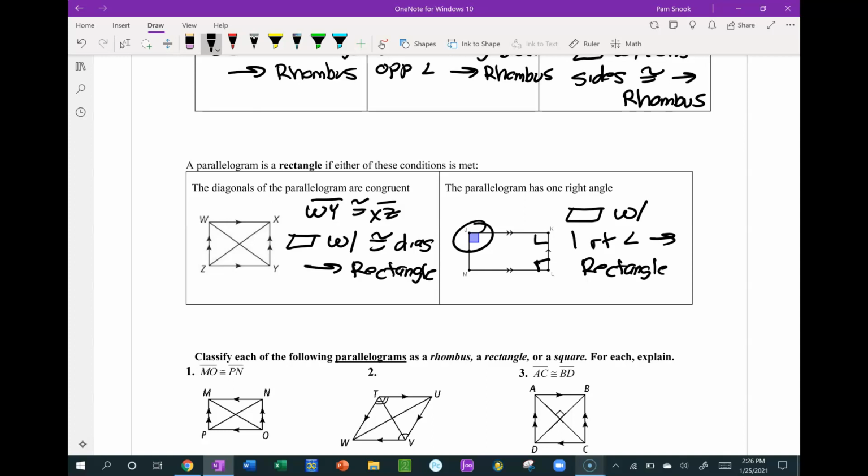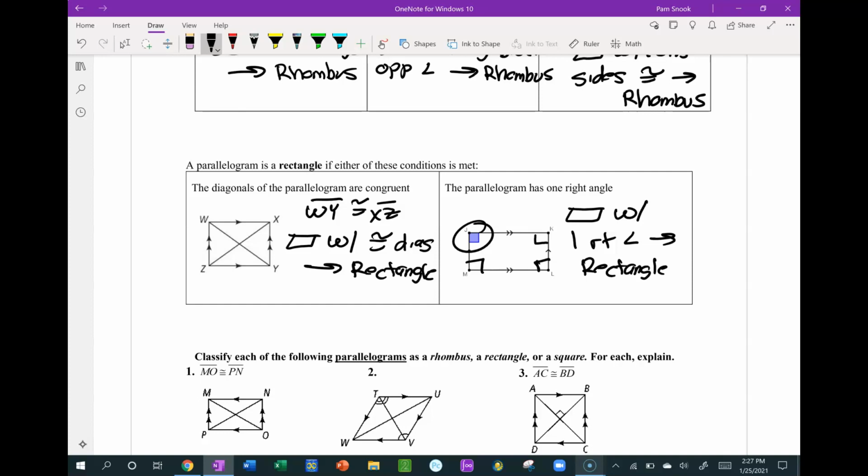Opposite to angle K, supplementary to angle J or angle L, or for a four-sided figure, the interior angles have to add up to 360. You've got three 90s, so that's 270. So 360 minus 270 gives you 90. Therefore, all you need is one right angle to declare a parallelogram to be a rectangle.